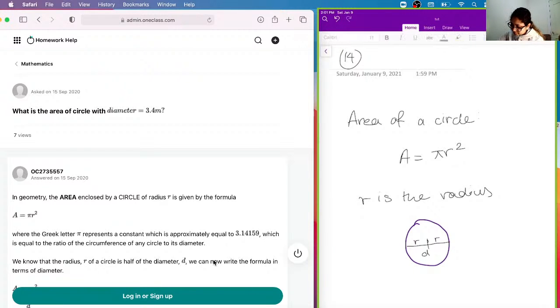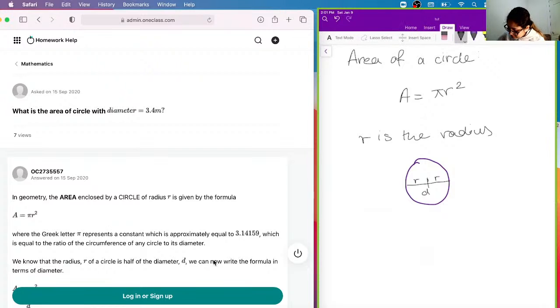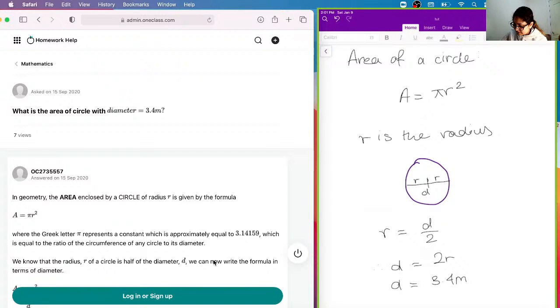So you can say that r is d over 2, or we can also say that d is equal to 2r, right? And given that our diameter is equal to 3.4 meters, we can find the radius.